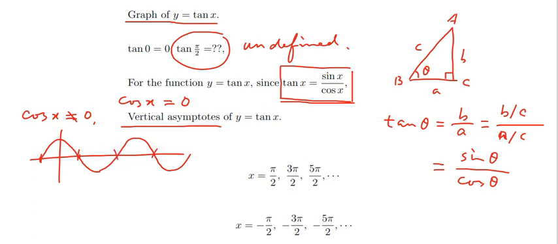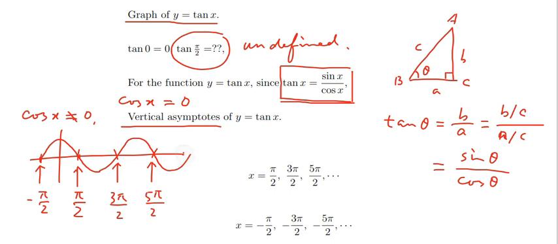This is 0, this is pi over 2, and this one is negative pi over 2, and then this one is 3 pi over 2, and this one 5 pi over 2. So cosine x equals 0 at many points.